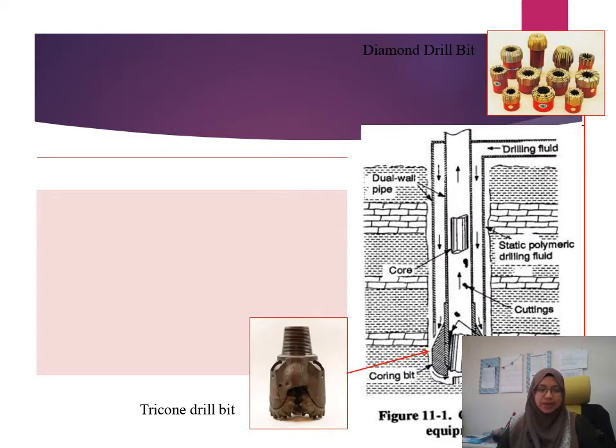Okay, so this is the picture of core drilling. So core drilling is power operated. It is used for a very hard layer of soil or rock, okay, and then it is used together with the drilling bit. Okay, we have various type of drilling bit, either diamond drilling bit, tricone drilling bit, okay, carbide drilling bit, and so on.